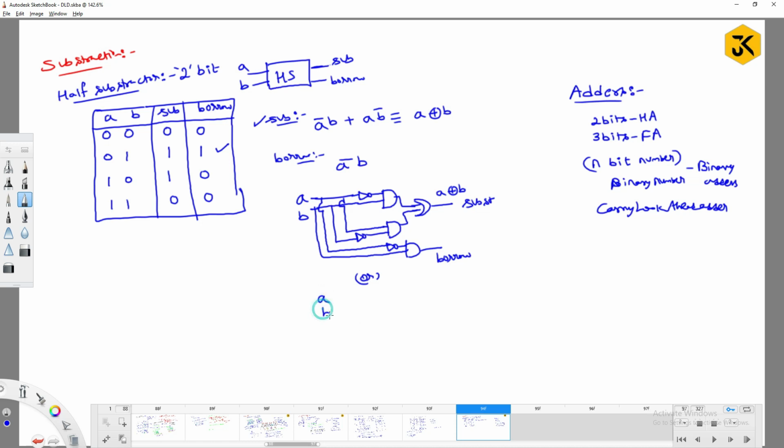If I have A and B as inputs, I can directly use an XOR gate. Then for A bar B, I define one complement and B. That's it. This is subtraction, and this is the way the half subtractor works. Okay.